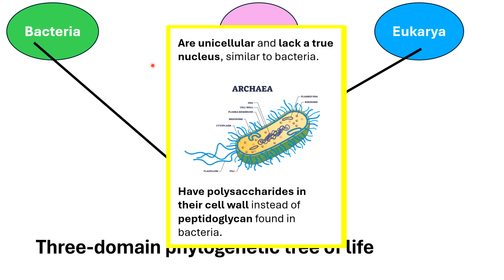Now comparing them to bacteria, we have that they are unicellular and they lack a true nucleus, okay, which is similar to bacteria. Bacteria also lack a true nucleus, but this time they have polysaccharides in their cell walls instead of the peptidoglycan found in bacteria.